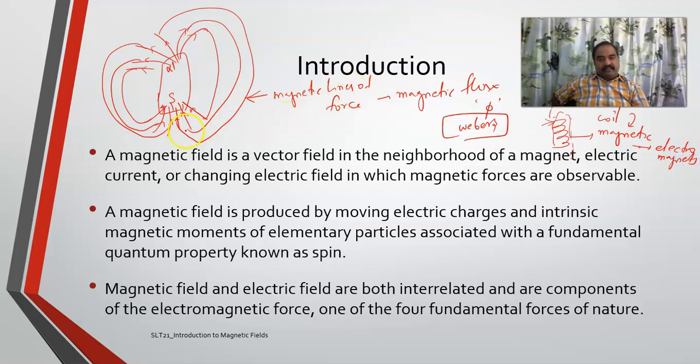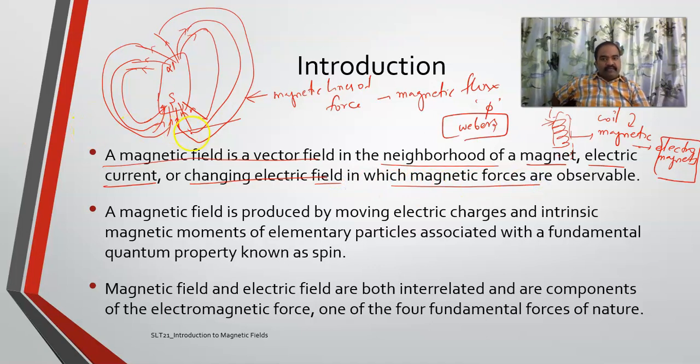Just like natural magnets, electromagnets also develop a magnetic field. And that's why in this particular slide I have mentioned a magnetic field is a vector field in the neighborhood of a magnet, a natural magnet, or an electric current which is giving out an electromagnet, or changing electric fields in which magnetic forces are observed.